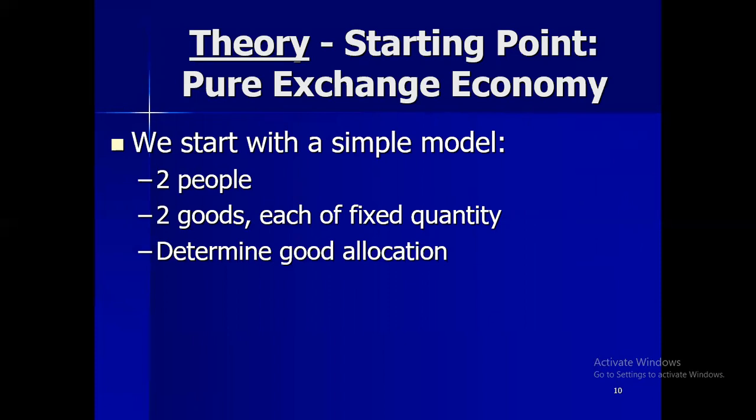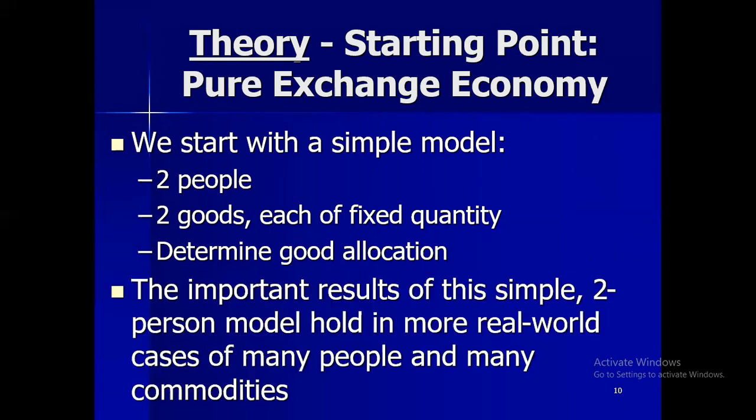As simple as this model is, all the important results from the two-goods and two-person case hold in economies with many people and commodities. The two-by-two case is analyzed because of its simplicity. The important results of this simple two-person model hold in the more real-world case of many people and many commodities, right?